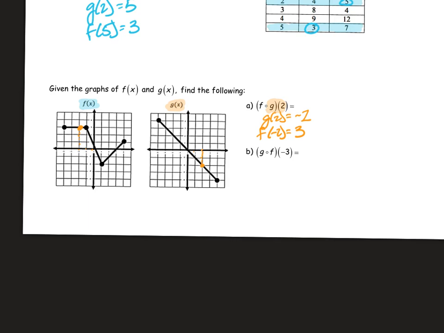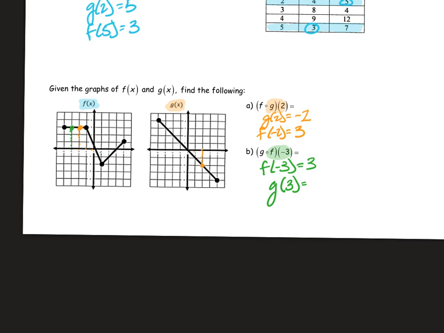And then for our last problem, we're going to start out with our f of x graph first. And I want to find f of negative 3. So I'm going to go to negative 3 up to my graph, which is at 3. And then I'm going to find g of 3. So 1, 2, 3. Oh, I went on my f graph.